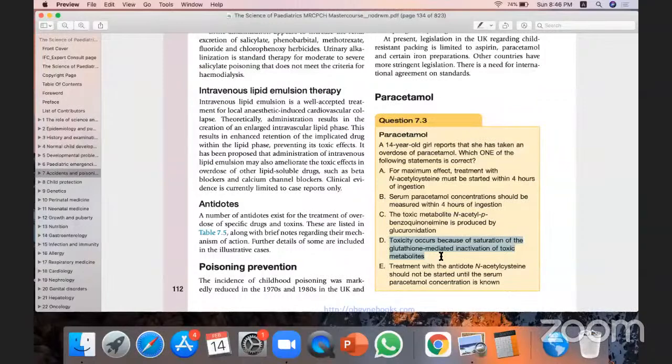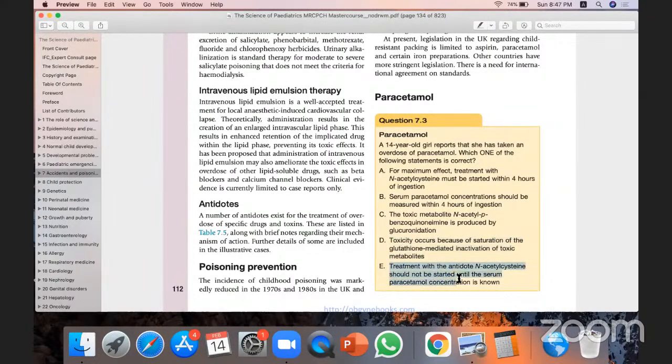But when we take a toxic dose, this glutathione is finished. All glutathione is saturated, so the rest of the NAPQI is free and causes injury mainly to the liver, then the kidney, and then the brain.